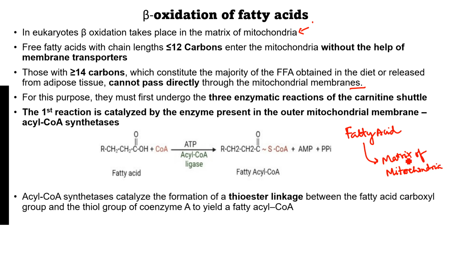Fatty acids which have a chain length of more than 14 carbon atoms cannot directly enter the matrix of mitochondria. For that process, there is a shuttle present in the mitochondria, which is called the carnitine shuttle.